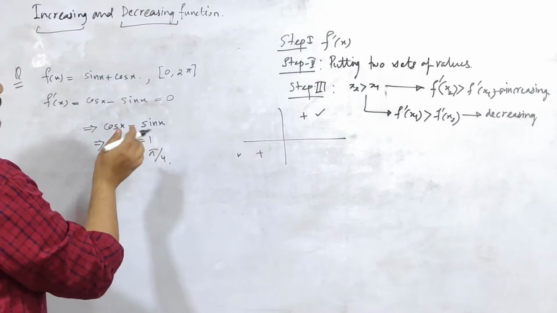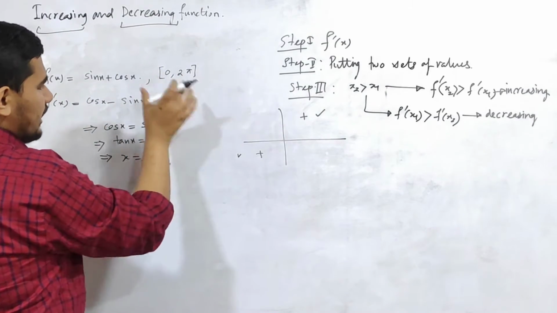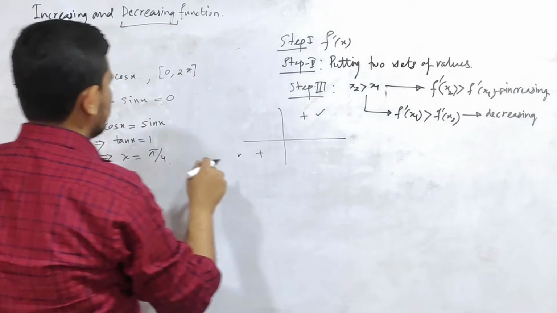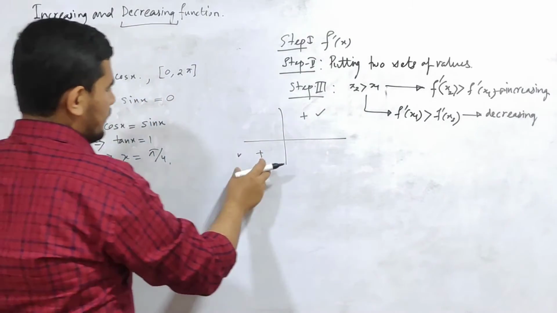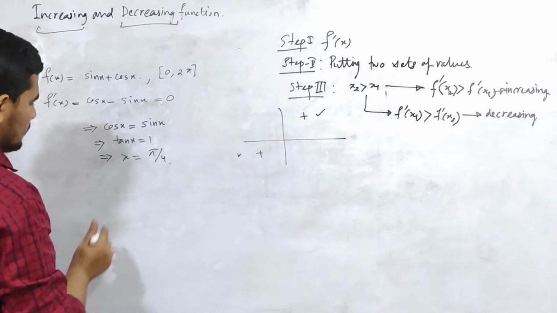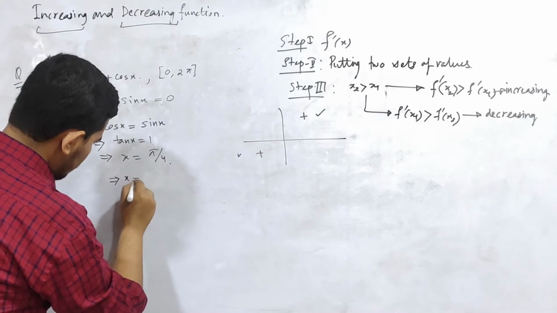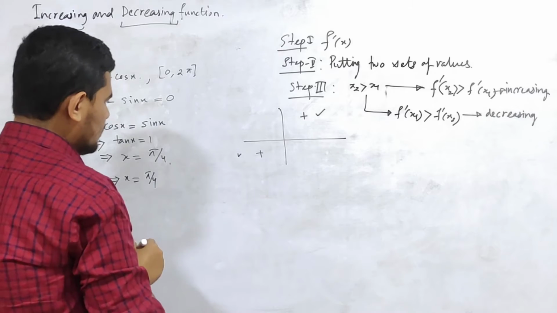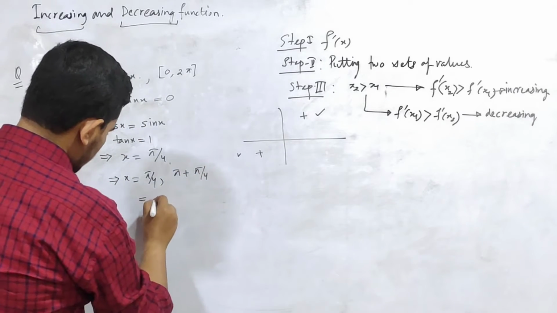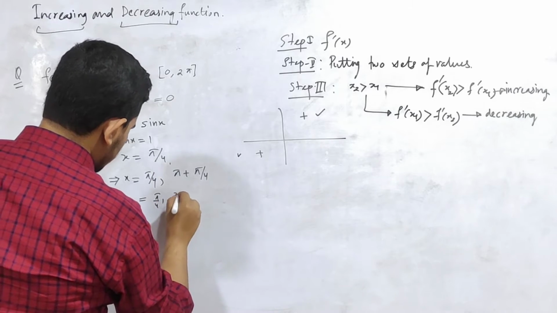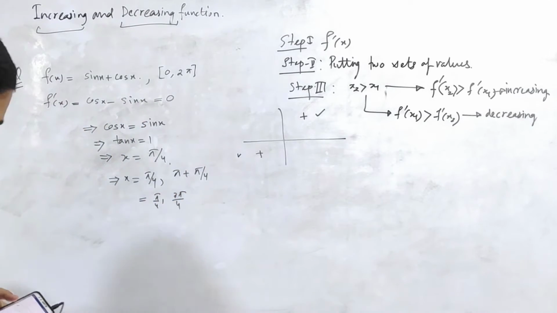You are given a range from 0 to twice pi, so you are given the entire circle. So you need to write these two positive values. The principal value will be pi by 4, but another positive value will be pi plus pi by 4.